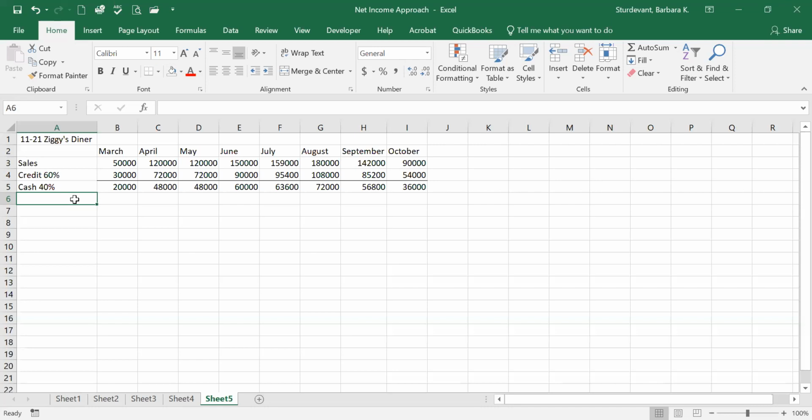And so the next thing tells you exactly how they're converting to cash. So in the month of the sale, 10%. Month after, 60%.